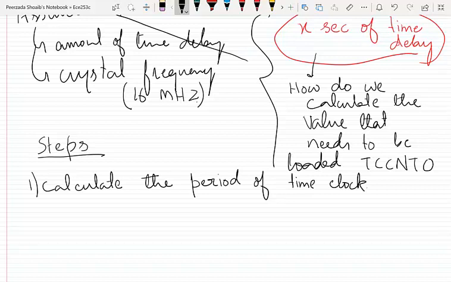We should know that f timer, the frequency of timer, is equal to frequency of the crystal for no prescaler.